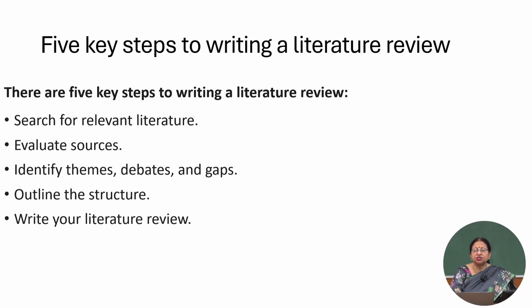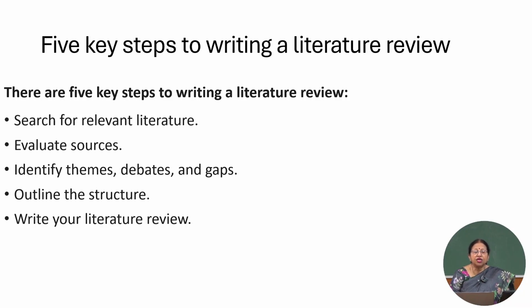The 5 key steps to writing a literature review are: search for relevant literature, evaluate sources, identify themes, debates, and gaps, outline the structure, and write your literature review based on the above topics.